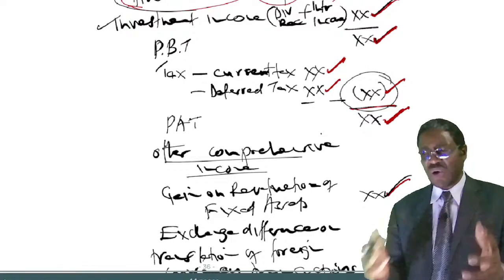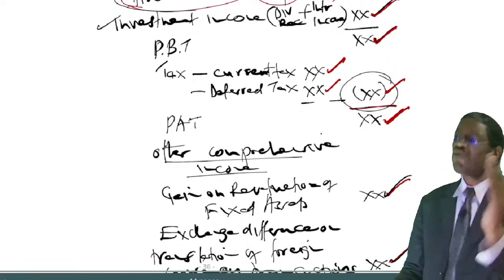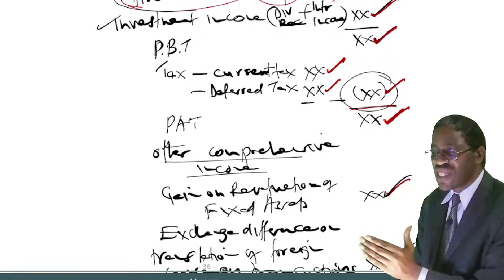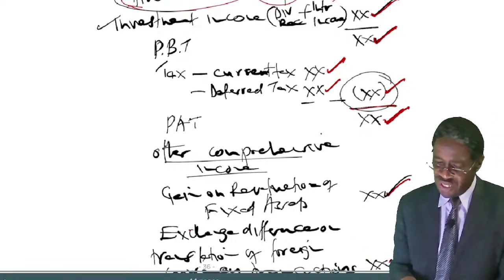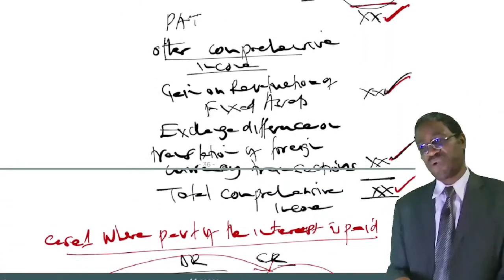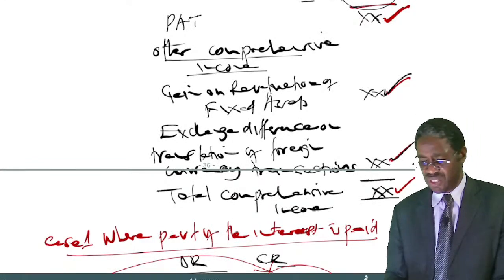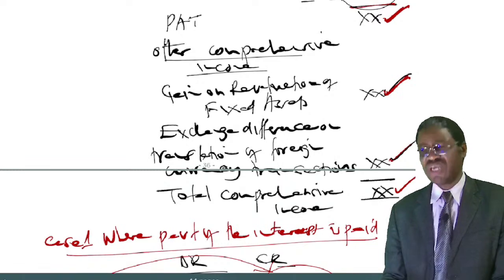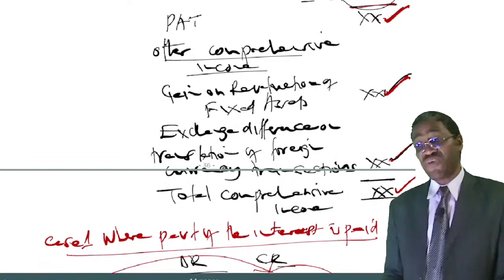Then, if the question tells you to prepare a statement of profit and loss and other comprehensive income, that's when we said you now bring in the other comprehensive income. We gave examples of comprehensive income, and one of them was the gain on revaluation of fixed assets.